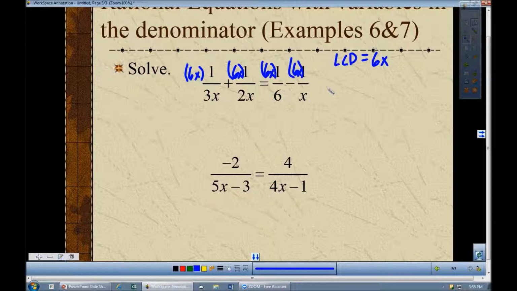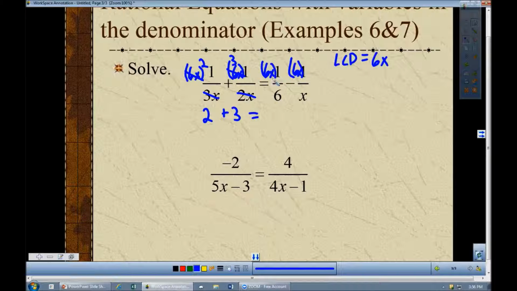In each case, a lot will cancel out. 6x over 3x winds up reducing to a 2. So really, I only need to multiply 2 times 1. 6x and 2x reduce to a 3. All I need to multiply 1 times is 3.